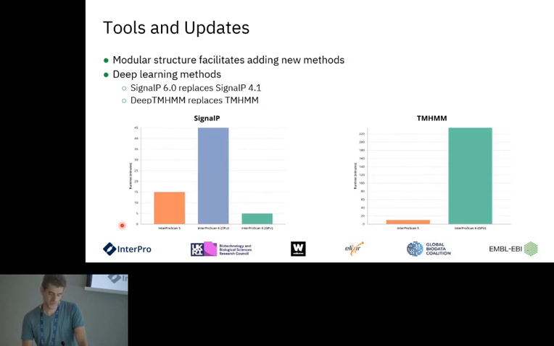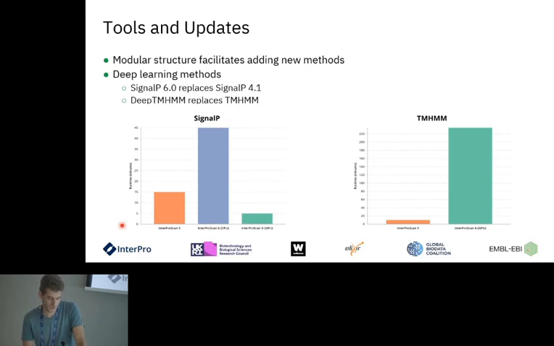Those 2 software, SignalP 4 and TMHMM 2, one is almost 15 years old, the other one is over 20 years old, and their authors recently published alternatives based on deep learning that provide better accuracy. So we replaced those legacy software with the new ones, SignalP 6 and DeepTMHMM. Of course, these are deep learning methods, so they're a bit heavier to run.